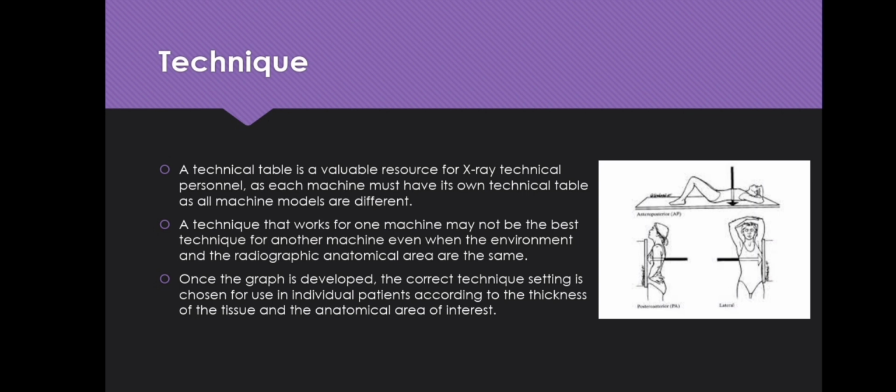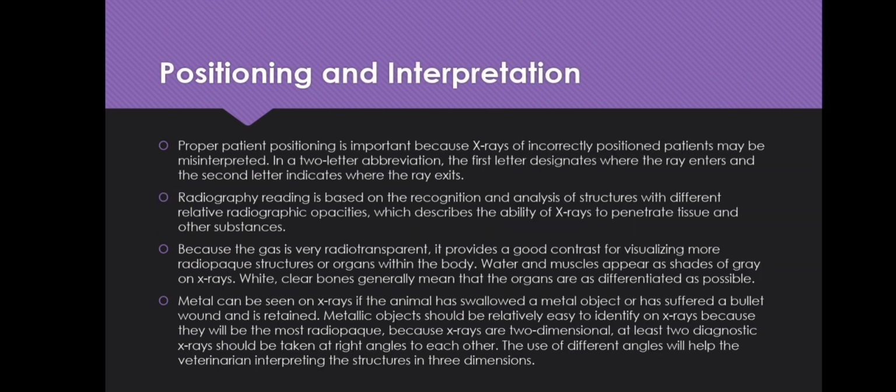A technique that works for one machine might not be the best technique for another machine, even when the anatomical area and the radiographic anatomy are the same. Once the chart is developed, the correct technique setting is chosen for each individual patient according to the thickness of the tissue and the anatomic area of interest.